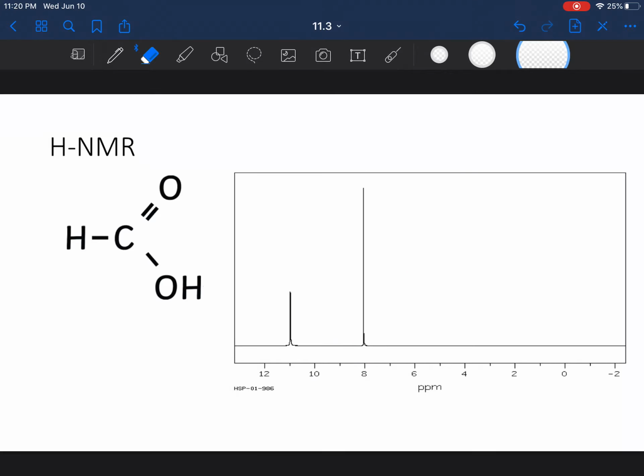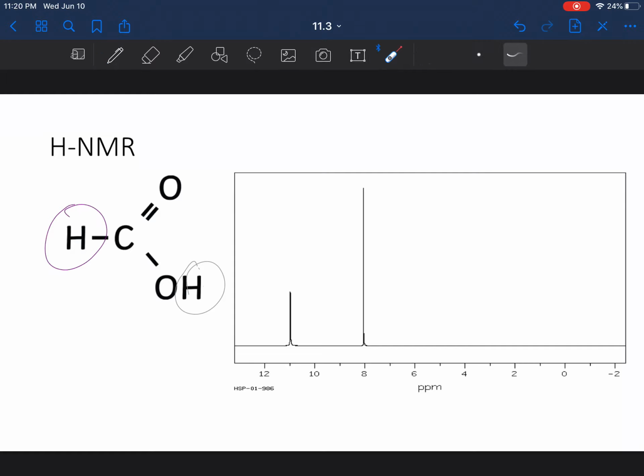Okay, let's take a look at the NMR again for methanoic acid. Now, we have two peaks, and we know we have two peaks because there are two different hydrogen environments. Let me represent them with different colors.